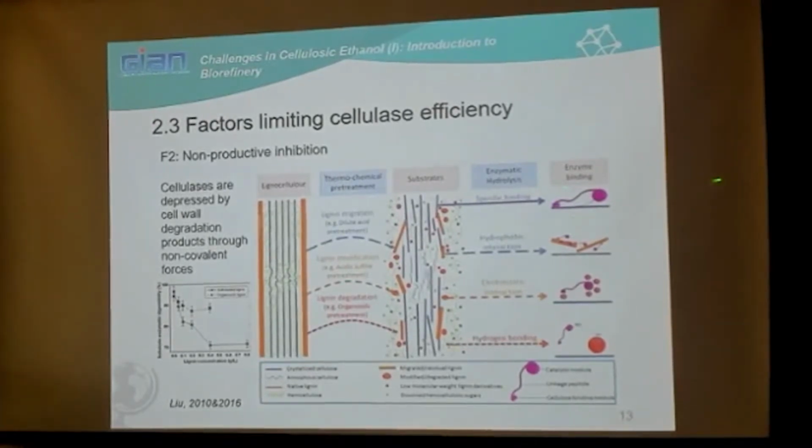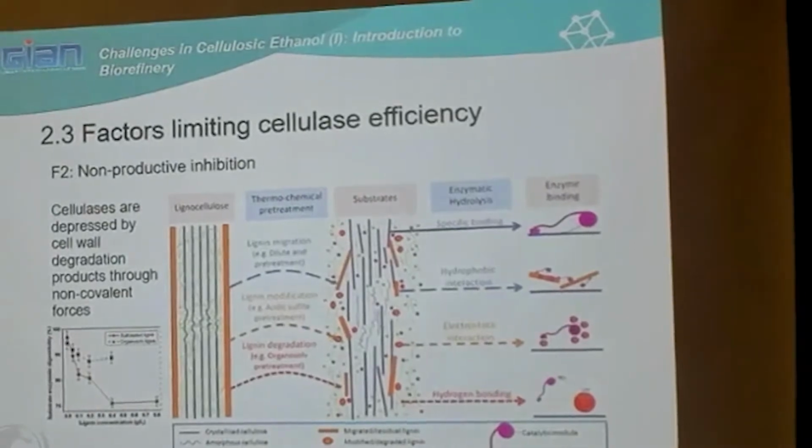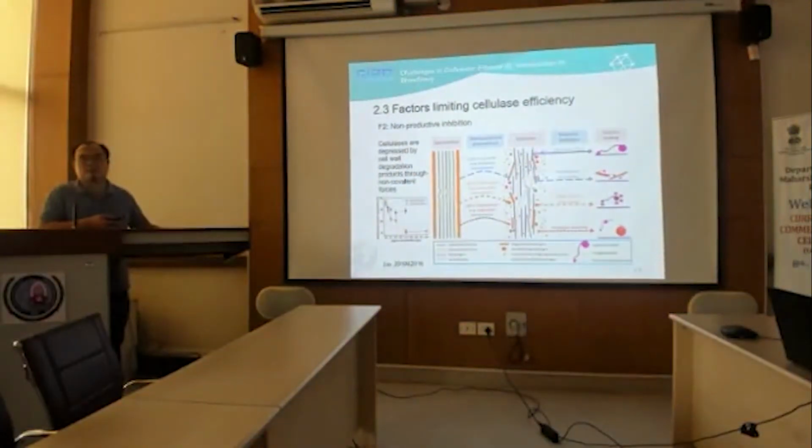This inhibition is very important because after 24 hours, you cannot detect the cellulase activity, because the enzymes were bound to the contaminants, the lignin derivatives.